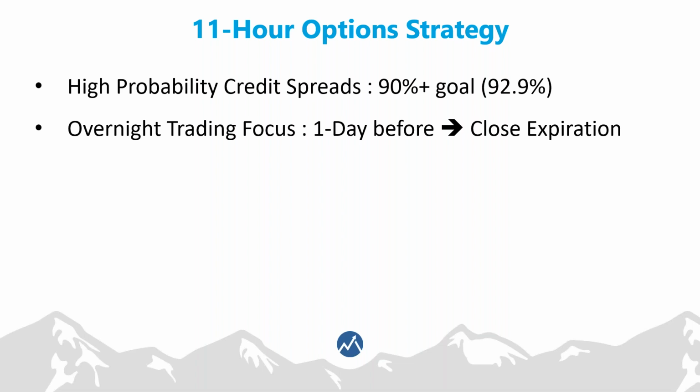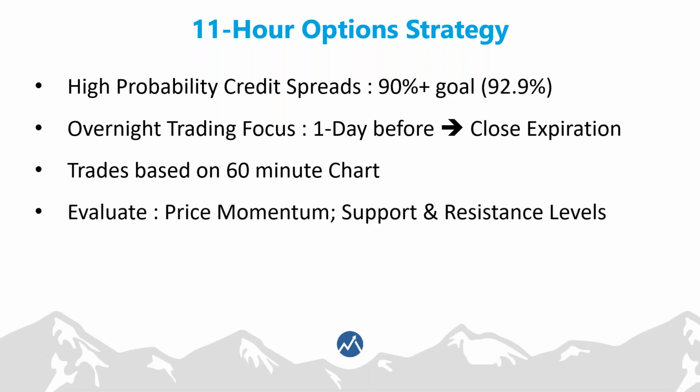We actually have an overnight trading focus. We keep our strategy pretty short term because of a lot of market volatility and the time frames that we trade this on. So we put the trade on one day before, and we allow it to close at expiration. These trades are based on the 60-minute chart.